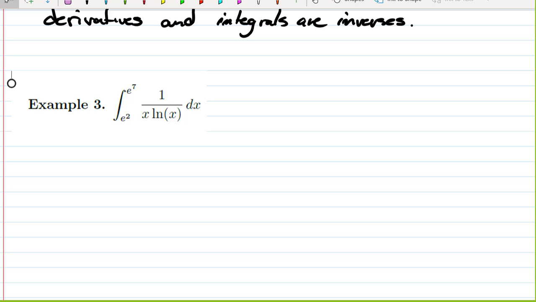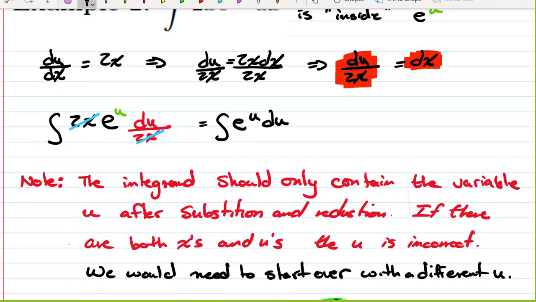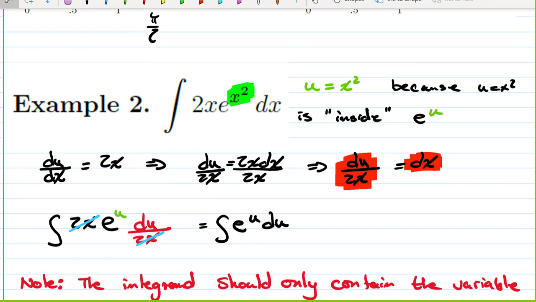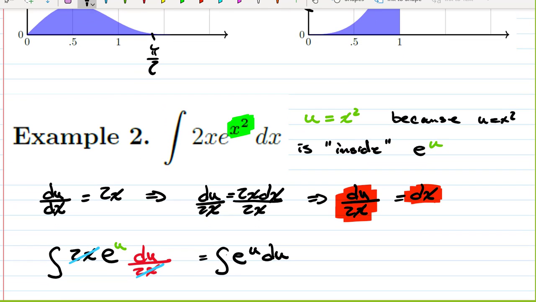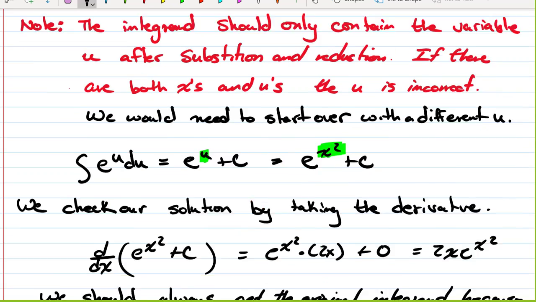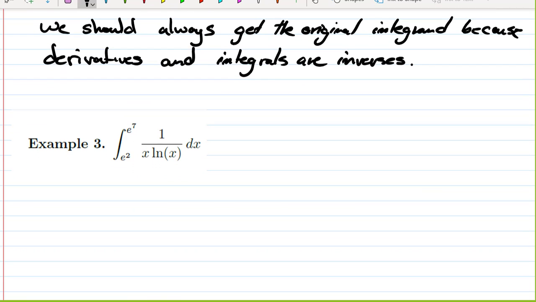The other hint that is helpful in letting us know what we want to pick for u is that, what we saw up here is we picked u to be x squared because its derivative 2x was in the integrand. When we look at this one, if we wanted, we could rewrite it this way to make it more explicit.